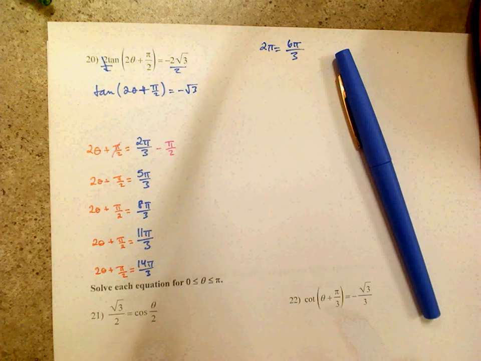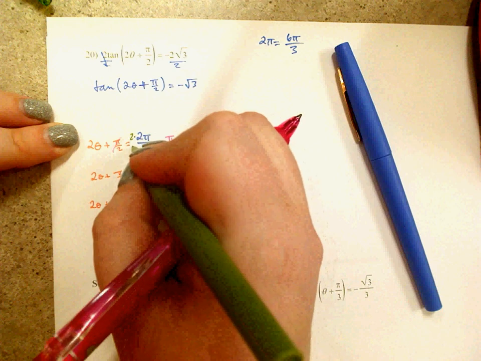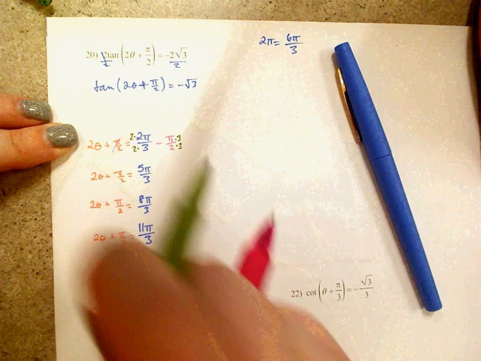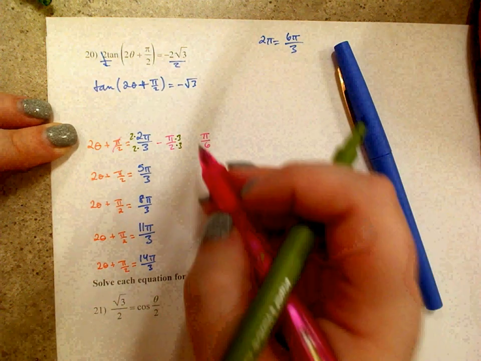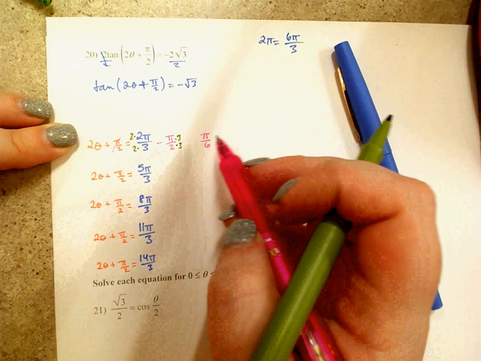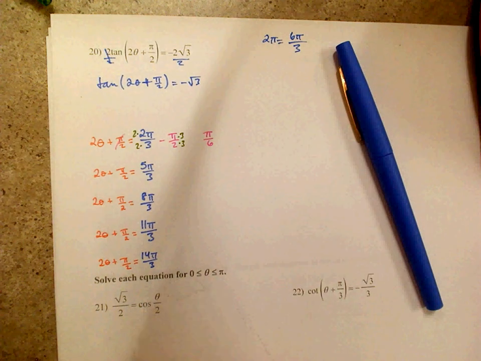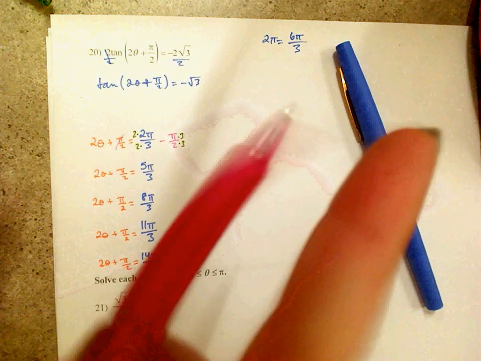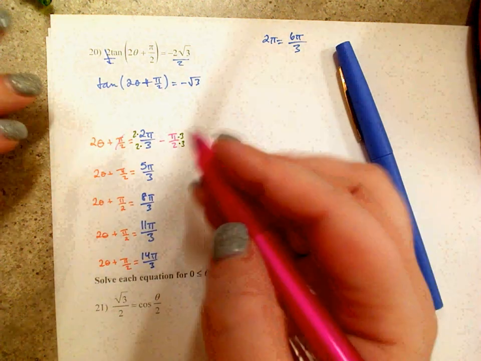Common denominator, so I'm going to multiply top and bottom by 2 on this one and 3 on this one, which gives me 4 minus 3, so that's 1. So that's pi over 6. Okay, notice how I didn't put an equal sign. You need to be careful about your run-on equal signs, okay, because a lot of people would do the next step as far as dividing by the 2, but not writing down the actual progression of the equation.